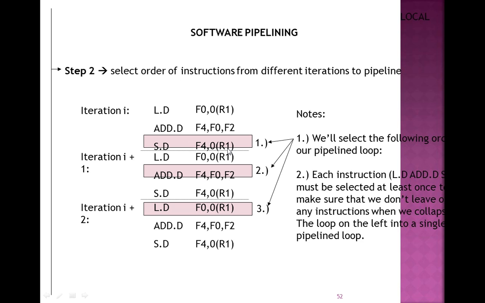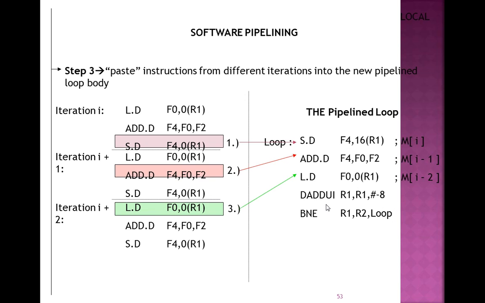This is the SD F4, 0(R1), then ADD F4, F0, F2, then LD F0, 0(R1). So we have taken three iterations: i, i plus 1, i plus 2. We use the pipelined loop with LD, ADD, SD so that we can ensure that no instruction will be collapsed into a single pipeline loop.